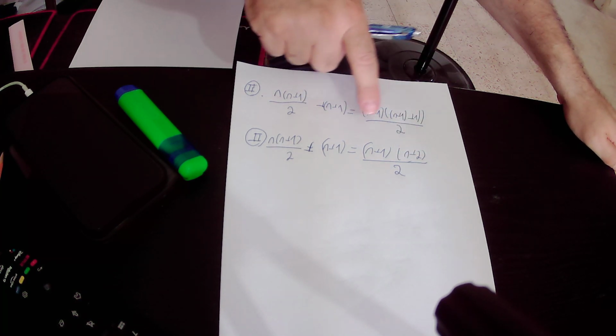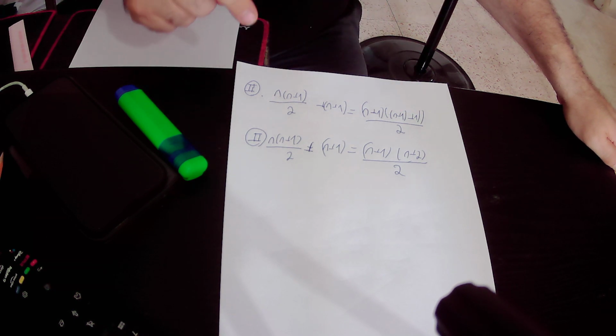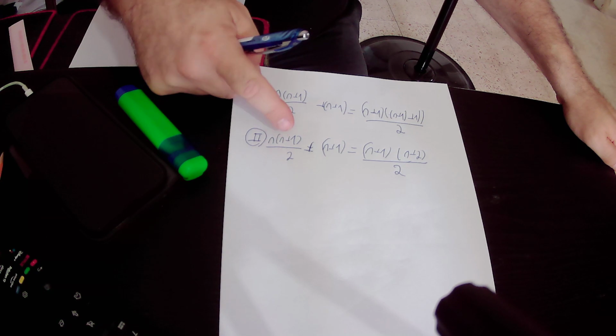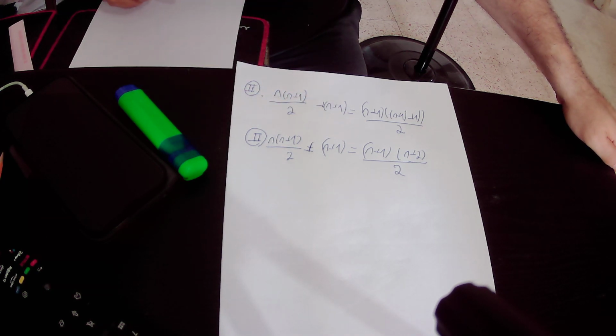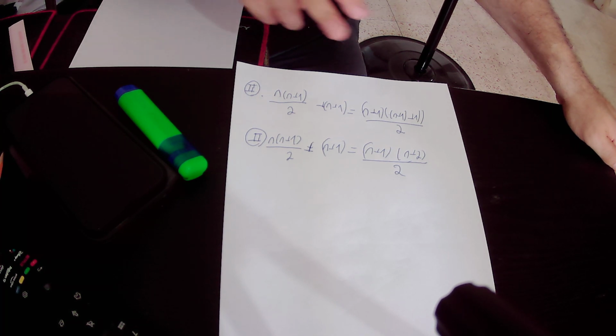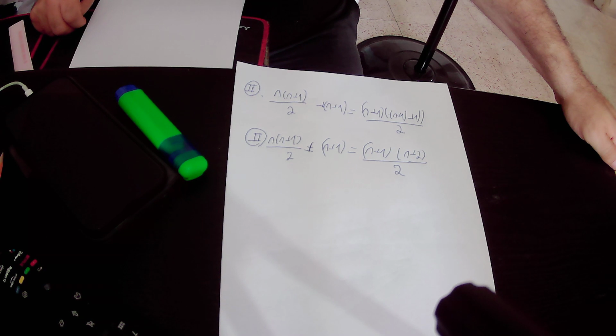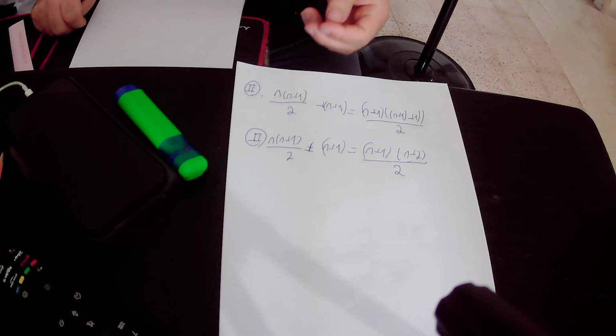So we have here n plus 1 times n plus 2 divided by 2 equals to n plus 1 divided by 2 plus n plus 1. So now we can divide both sides of the equation by n plus 1, because n plus 1 can never be 0, because n is a natural number, so we can divide both sides of the equation by n plus 1.